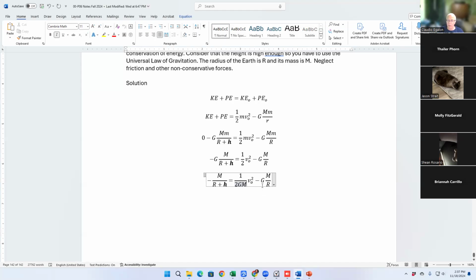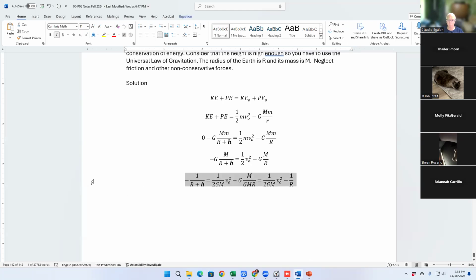Here it's going to be G and big M as well. So we have that. Let's see, can we simplify anything? We'll be able to simplify the second term. G cancels with G. M cancels with M. 1 over that.